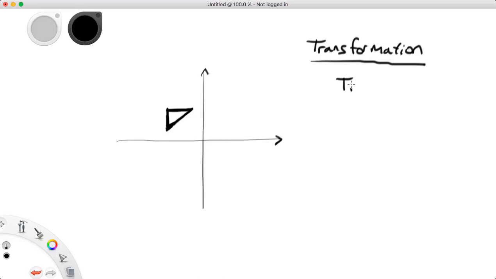So the first kind of transformation that you would have learned about, and certainly the first one that we're going to be dealing with in Algebra 2, is something called translation.